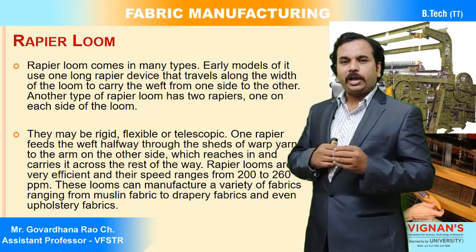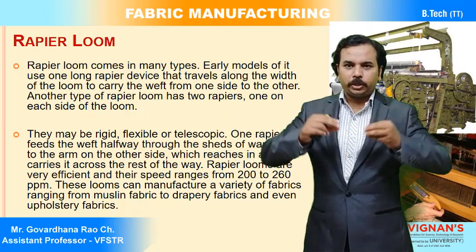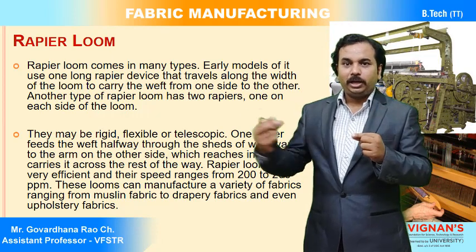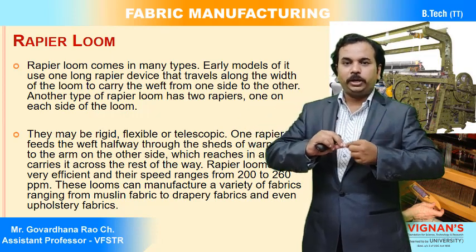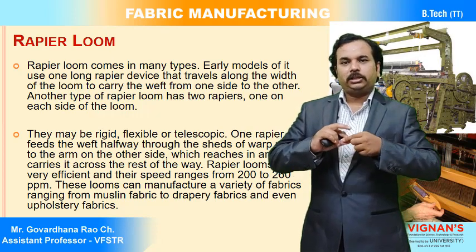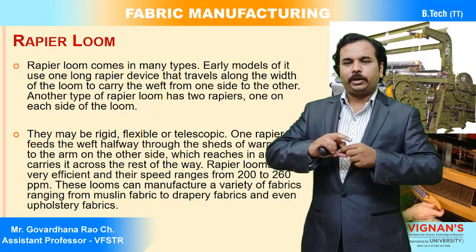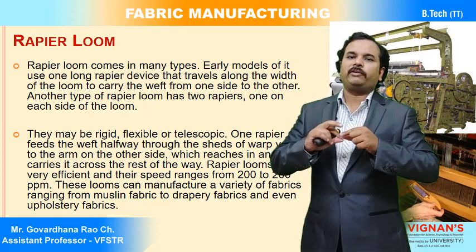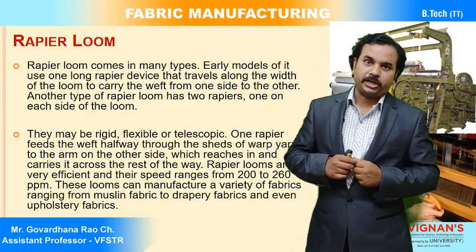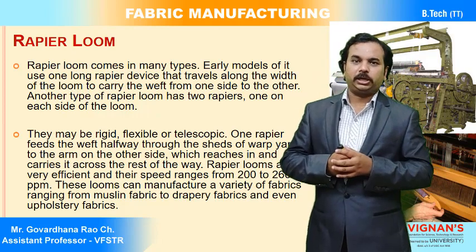If we have double rapier heads, both come into the middle: one rapier carries the weft yarn up to the middle, and the second also comes into the middle zone. At the middle of the shed, the weft yarn is transferred from one rapier to the other rapier. Then the second rapier holds the weft yarn and pulls the weft thread into the shed, so that the total pick is inserted in the shed.